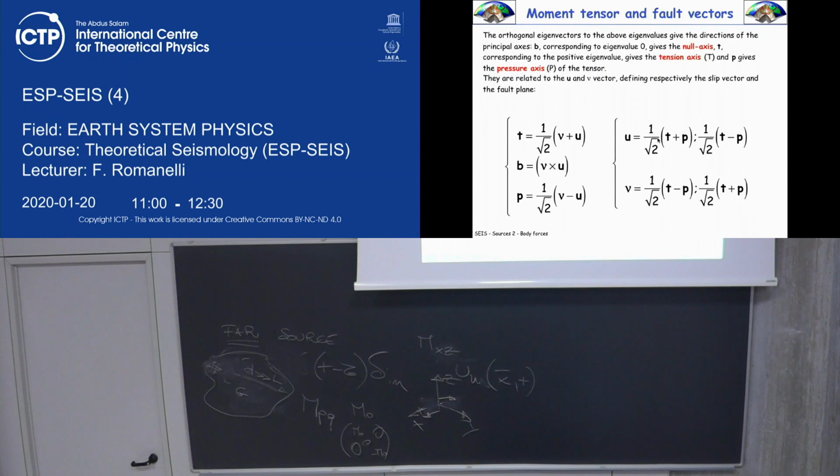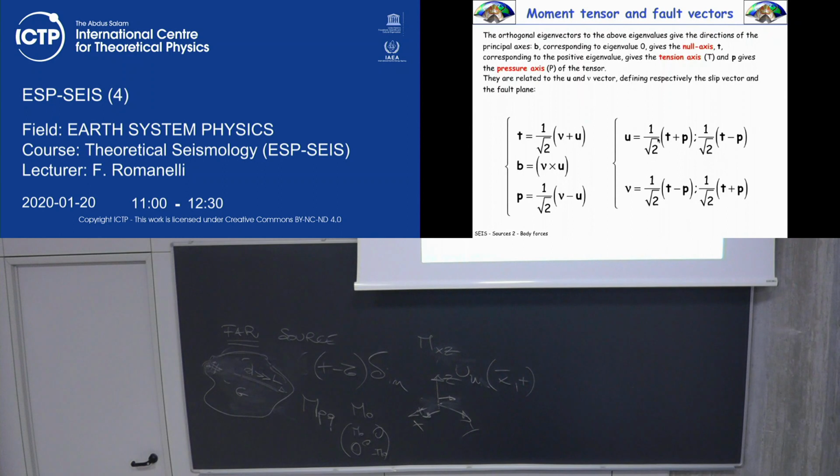Principal axes are not the eigenvalues. The eigenvalues of a tensor are 3 numbers; in our case they are M0, 0, minus M0. The principal axes are directions. One of the directions is this, the other one is this, and the other one is on the other side. It's just a triplet.